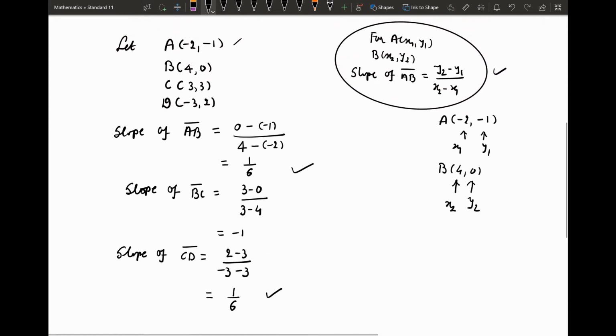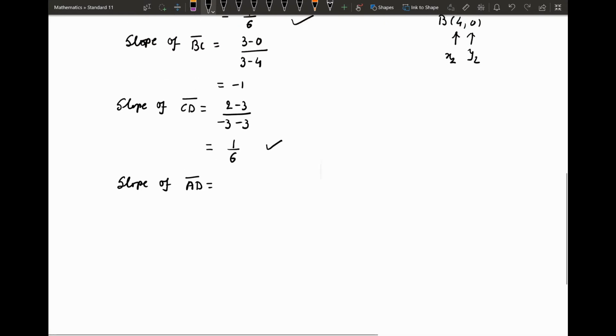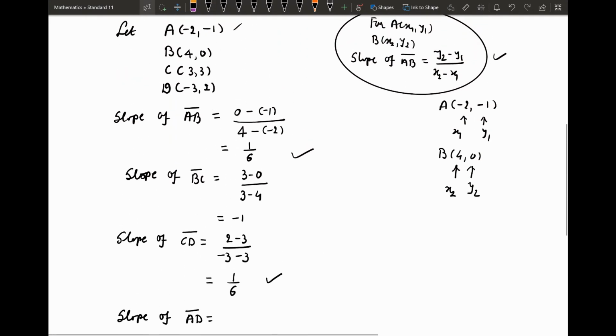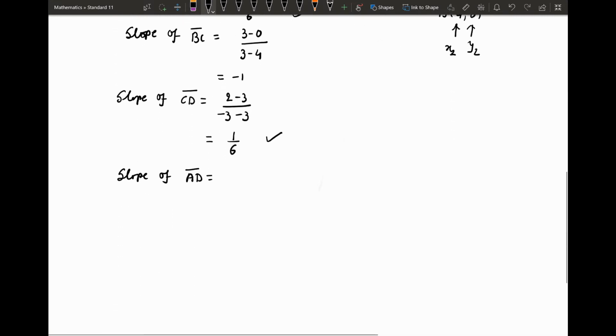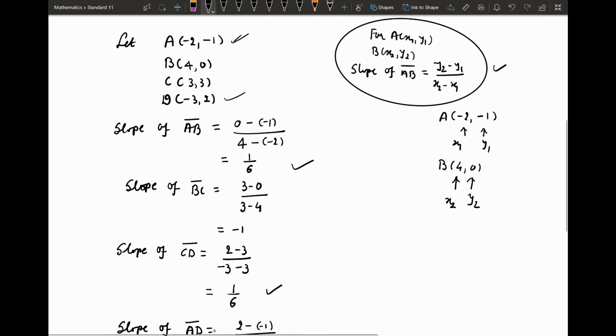Before the next step, first we find the slope of line segment AD. Consider coordinates of A as x1 comma y1 and coordinates of D as x2 comma y2. 2 minus minus 1 upon x2 minus x1.